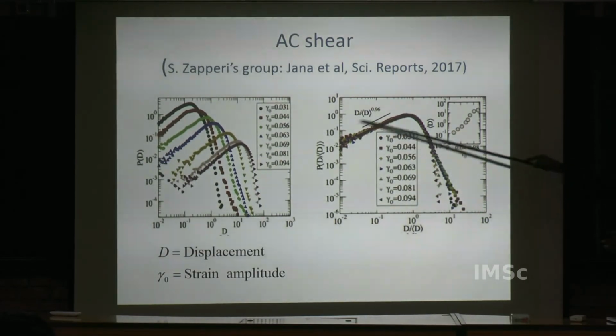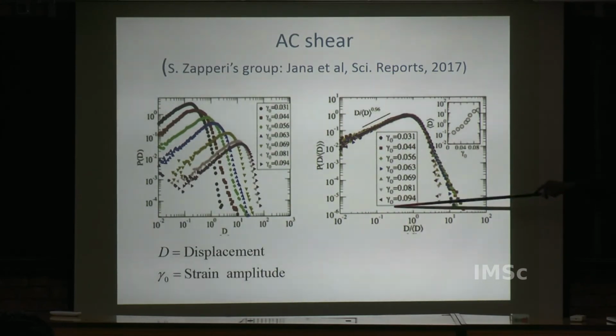They didn't refer us for this diagram, showing that somebody else has seen this, although they referred us for something else. Anyway, this was for different strain amplitudes. They had an AC shear in this case, but this gives us some kind of confidence that maybe what we are seeing through phase field crystal is not spurious.